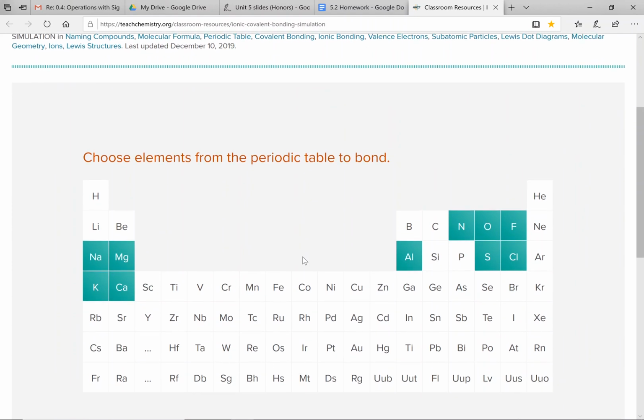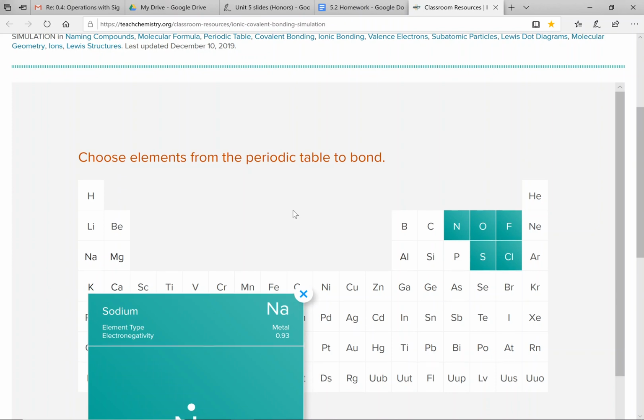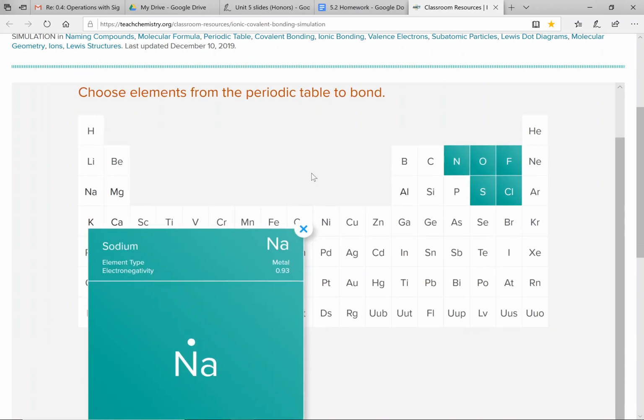What you'll do is you'll pick one of the elements that's on the left side. So let's say I wanted sodium. We are going to bond it now ionically with an element on the right side of the periodic table, right?